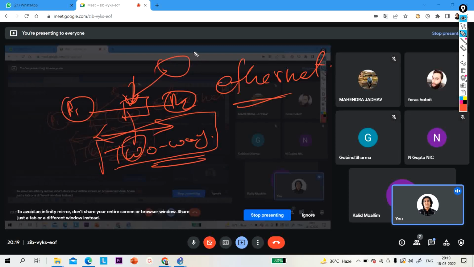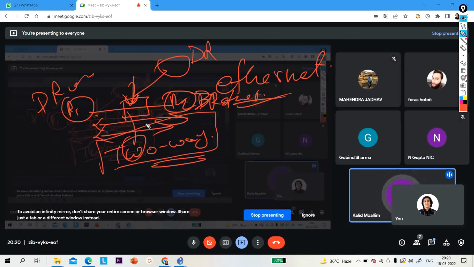So maybe this router is DR and this router is DR other. So definitely neighborship will be stuck in two-way state between DR other and DR other, because they can't exchange LSAs.